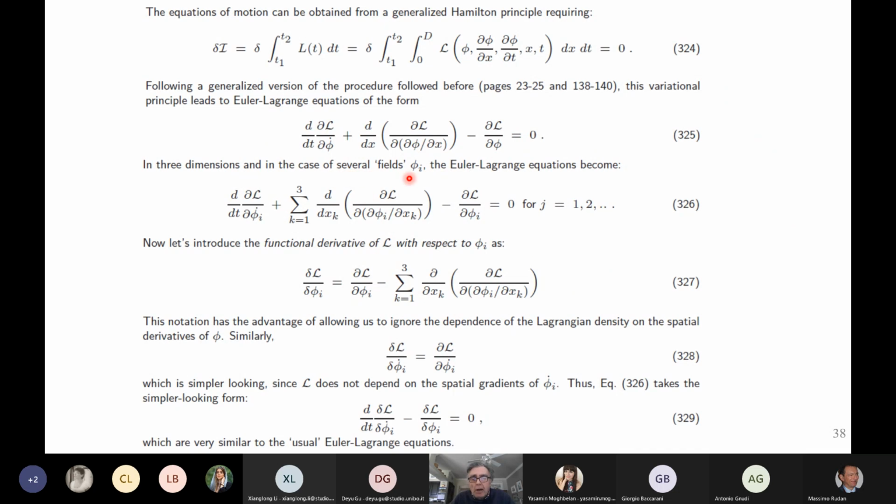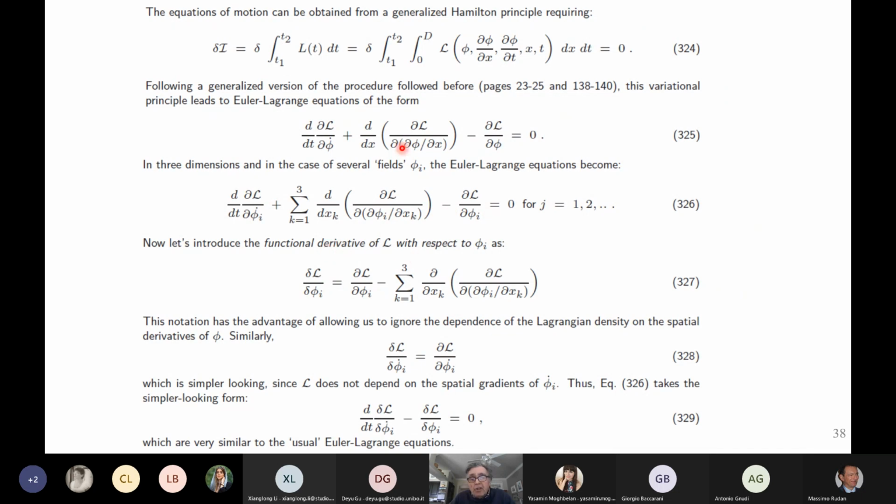Okay. So the Euler-Lagrange equations for my field now become this, and if I have several fields, I can add an equation for each of these various fields that I have. This should be an I, not a J, sorry.